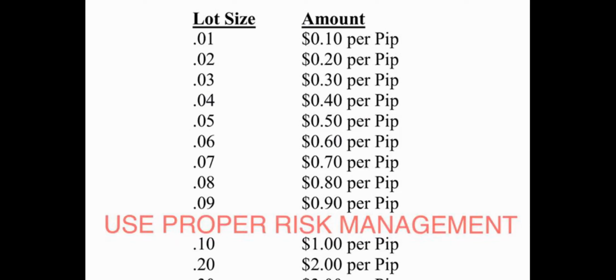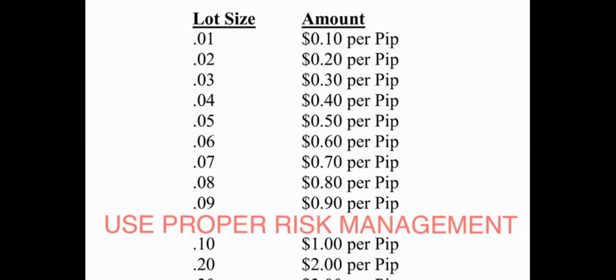So this particular document, which I can post in our Telegram chats if you all want it after we're done, breaks down the true value of a lot size. When you trade 0.01, that means you're trading 10 cents a pip.